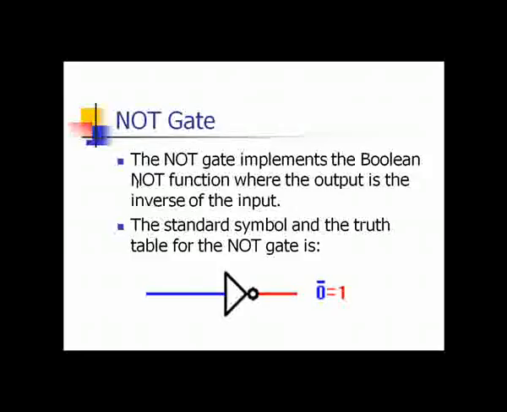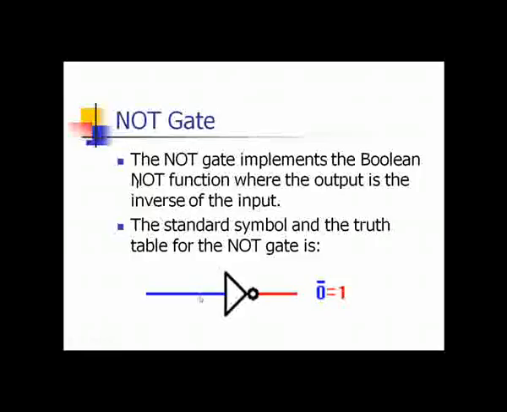Similarly, if the input given is equal to 0, then the inverse is 1. Hence NOT gate is called the inverse gate, because it inverses whatever input is given to it and the inverse output is obtained across the output terminal.